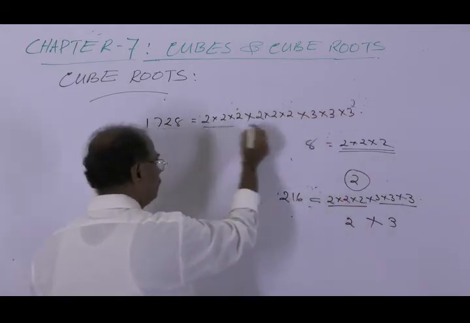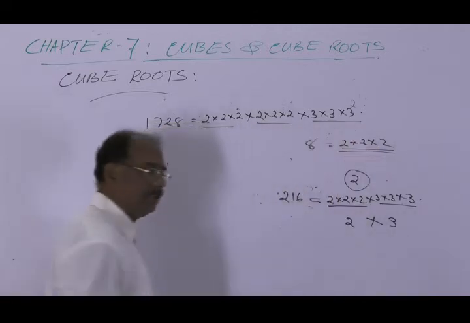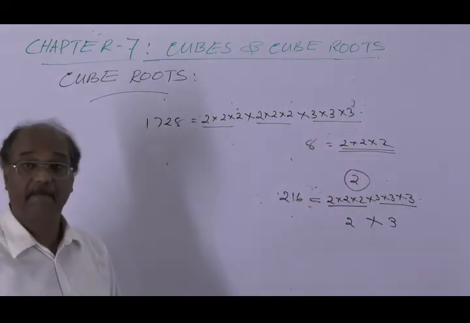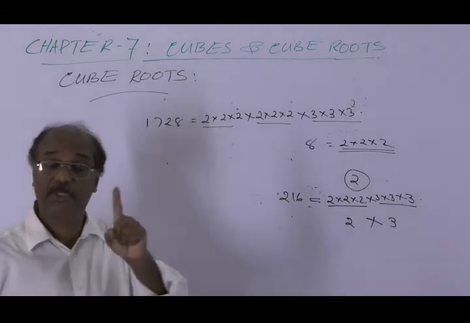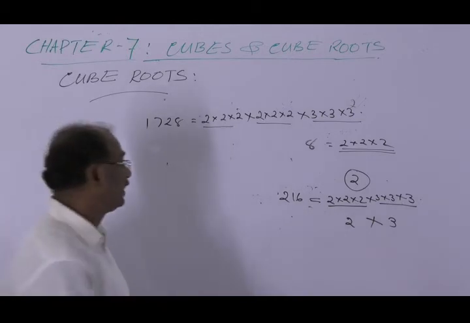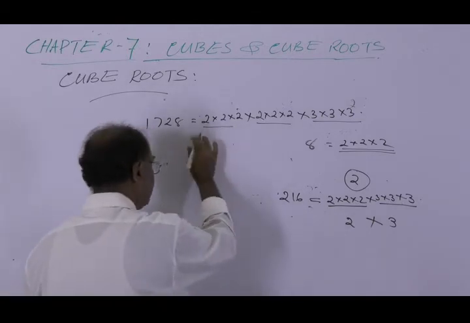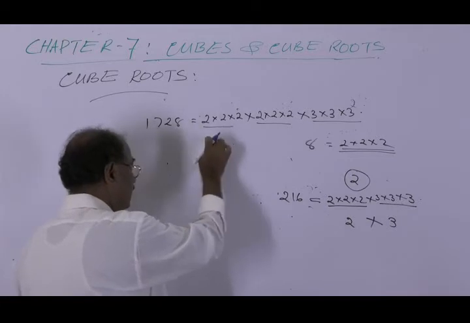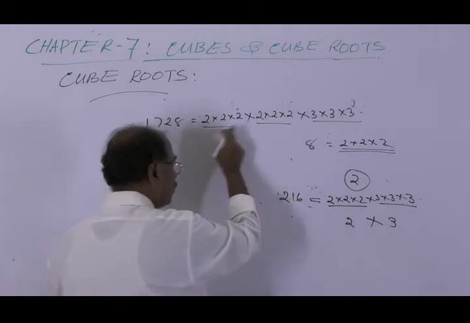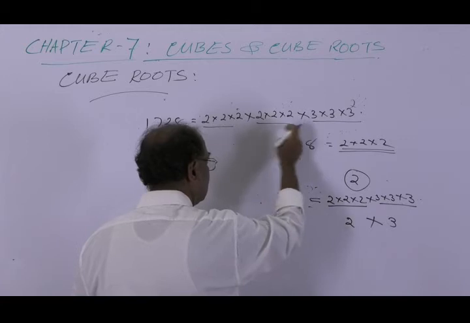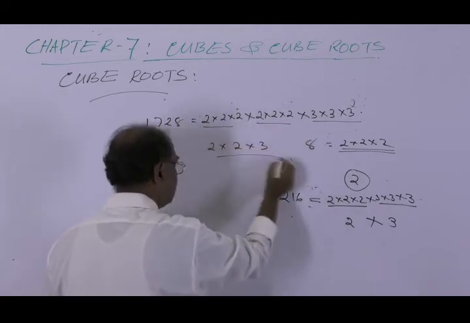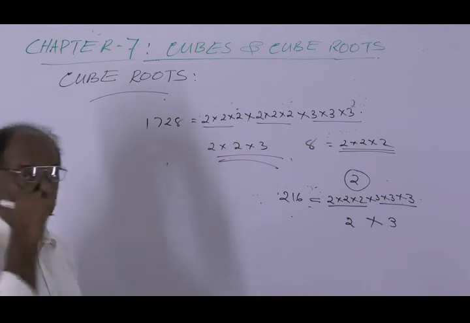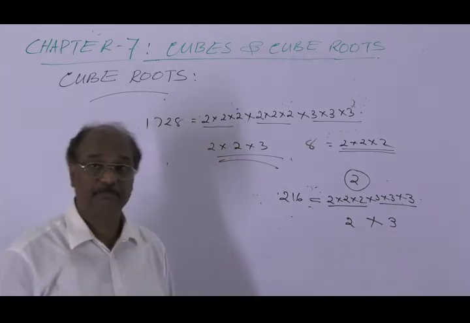So group the prime factors into triples. There will be such groups if it is a perfect cube. So we can see that the cube root is the product of 1 from each of these triples, that is 2 into 2 into 3, which is 12. The cube root of this is 12.